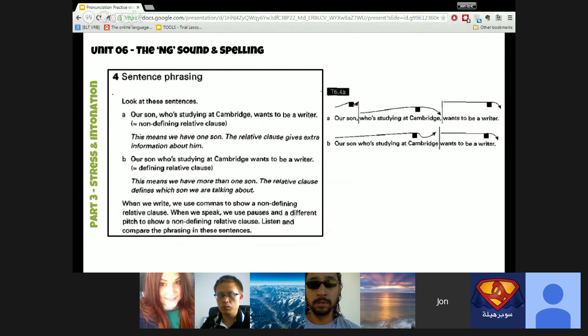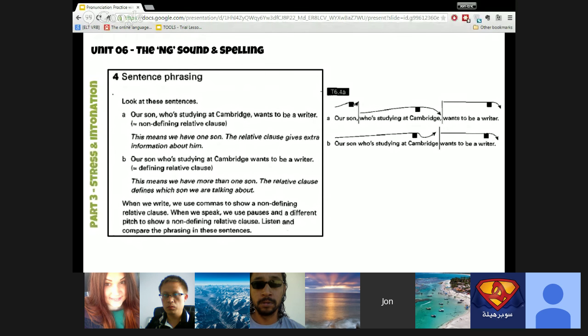A. Our son, who's studying at Cambridge, wants to be a writer, non-defining relative clause. Okay, so remember, just a quick thing. When we say non-defining relative clause, a relative clause is just an adjective. That's all it is. It's just an adjective. Right. An adjective that has many words.